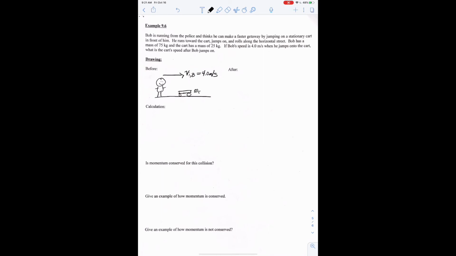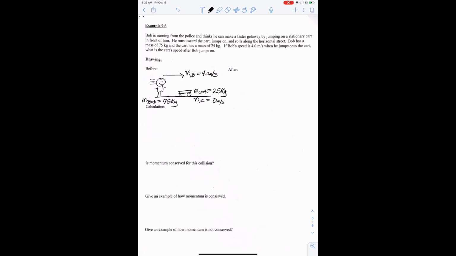Mass of the cart is equal to 25, mass of Bob, 75. And yeah, velocity initial of the cart, we can add that in too. That's going to equal 0. It's just sitting there. All right, so Bob is initially moving to the right, and okay.